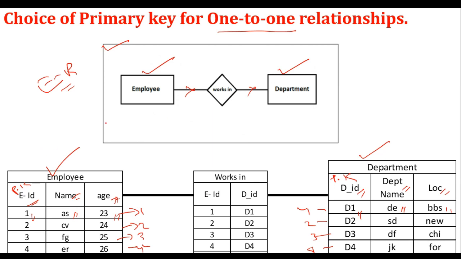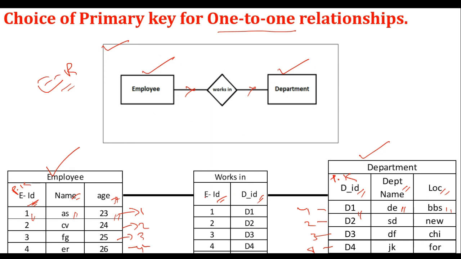Now let's see how the Works In relationship is established between these two. The relationship is established by taking the primary key of the employee entity set and the department entity set. Which one is the primary key in the employee entity set? Employee ID. So we have taken employee ID from this table and department ID from the department table, and we have constructed this one.